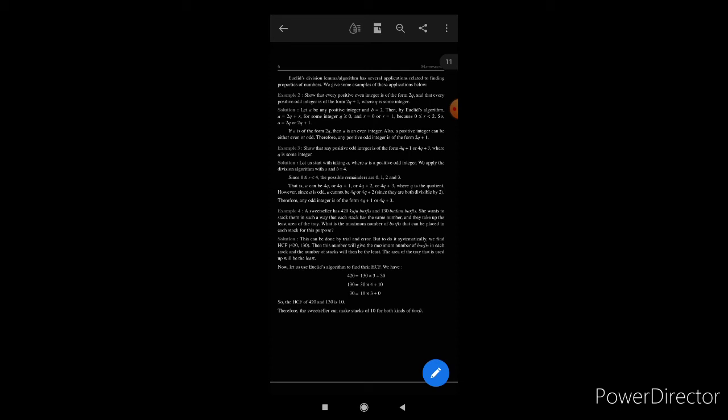Example 4. A sweet seller has 420 kaju barfi and 130 badam barfi. She wants to stack them in such a way that each stack has the same number and they take up the least area of the tray. What is the maximum number of barfis that can be placed in each stack for this purpose? Solution.